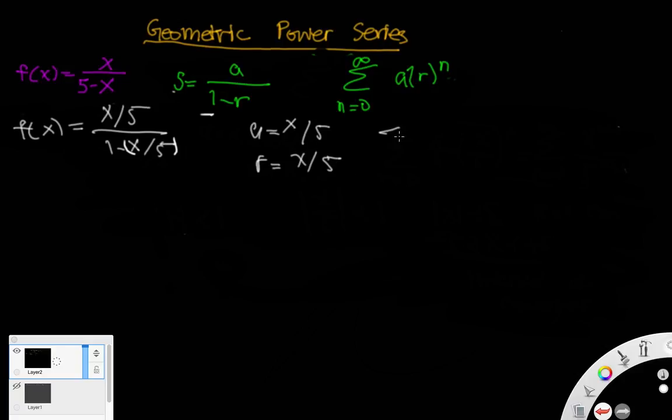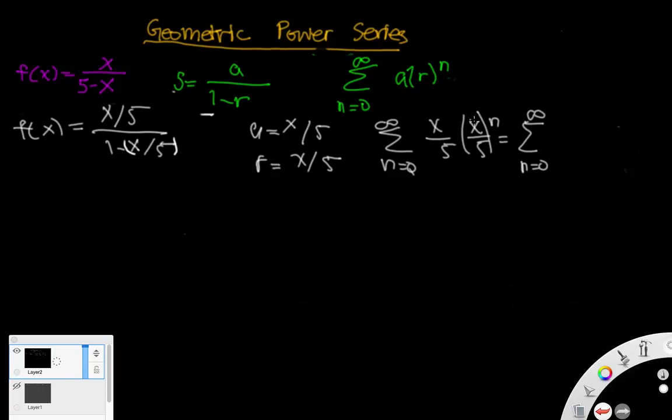And now that we know both a and r, we can write the geometric power series. Again, it's from 0 to infinity. You always do from 0 to infinity because it's a geometric power series. And then it's x over 5 times r, which is x over 5 to the nth. And it's probably a good idea to rewrite this.